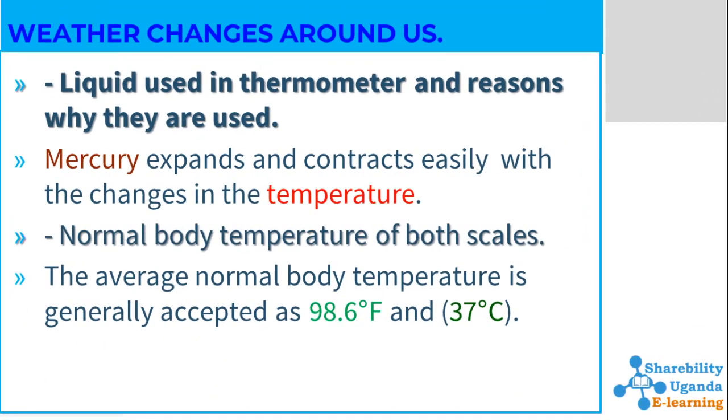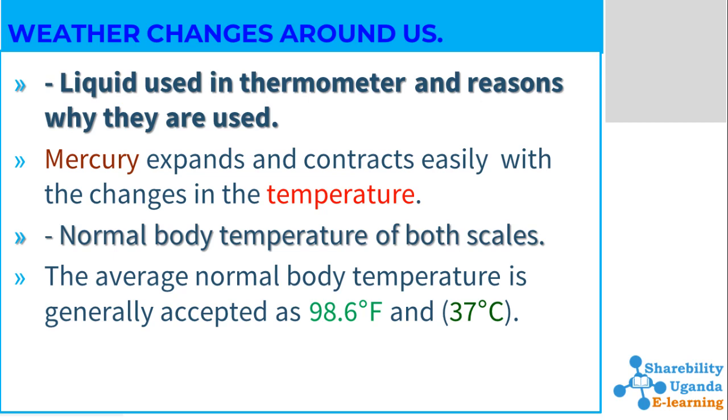Liquids used in thermometers and reasons why they are used. The main liquid used in the maximum and minimum thermometer and the clinical thermometer is mercury. Why is it used? Because mercury expands and contracts easily with changes in temperature.